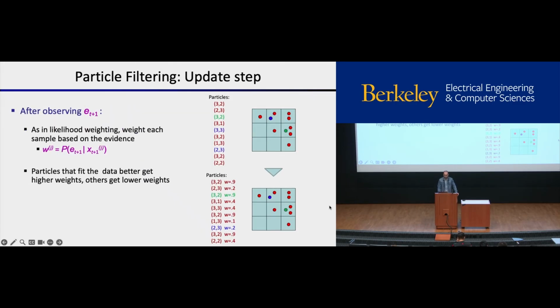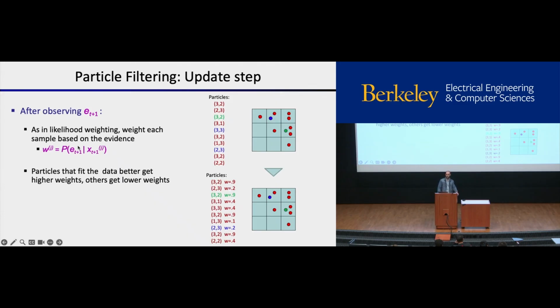Then what we do is we do an update step. This evidence that we get at t plus 1 is going to be factored in. So as in likelihood weighting, we weight each sample based on the evidence. Each sample gives us some proposal of what the hidden state is, and then we say, okay, there's your proposal, but how likely is the evidence that we've actually seen, given that proposal? Not so likely?